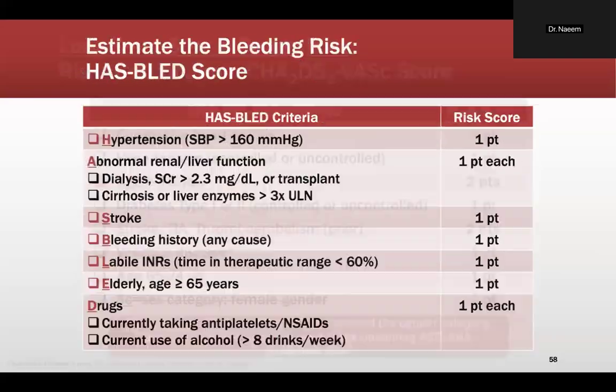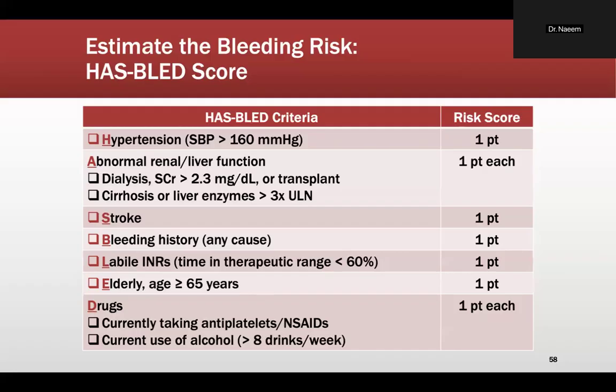Oh, and then another thing that I want to make sure to reiterate. CHA2DS2-VASc and HAS-BLED are criteria only used for the condition of AFib, meaning they are not used across the conditions of venous thromboembolism, VTE.